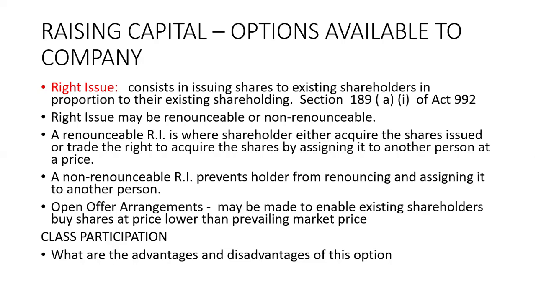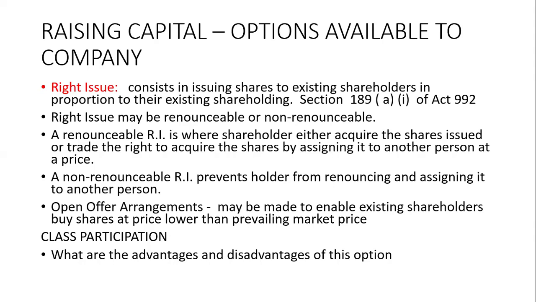And a rights issue may be renounceable or non-renounceable. It is said to be renounceable where the shareholder may either acquire the shares issued or trade the right to acquire the shares by assigning it to another person at a price. So we are giving the shares to all existing shareholders.